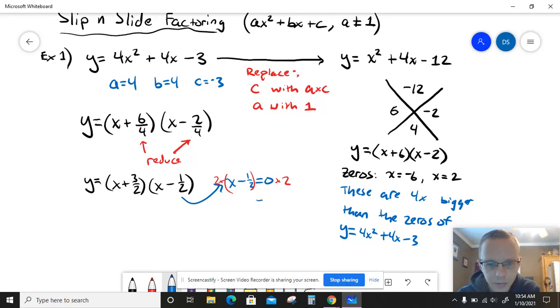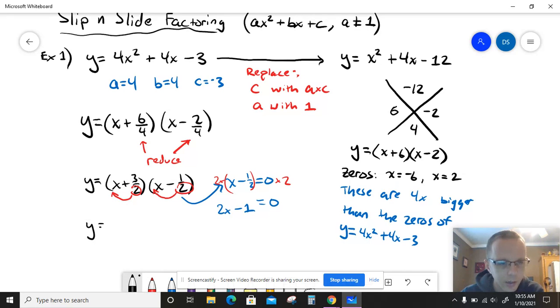Well, 0 times 2 is 0. If I distribute this 2, I would have 2x minus 1. And so the effect of that is this 2 is going to slide over here. That's why it's called slip and slide. So this 2 similarly is going to slide here.